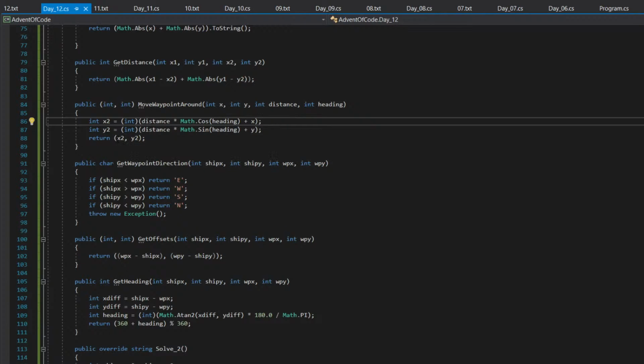Distance. The distance would be the radius. The heading should be correct.